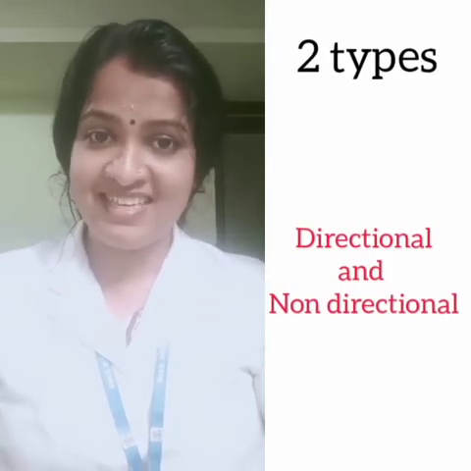So we can classify plant movements into two types, directional movement and non-directional movement. As I told you before, plant movements are classified into two types, directional and non-directional movements.